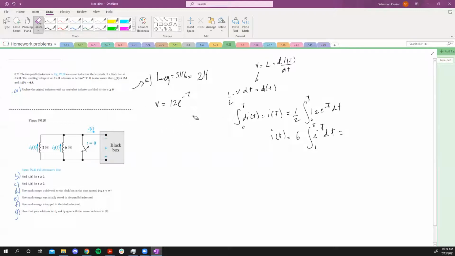Here at time equals 0, in this node we have 2 amps running this way, so we know our i(t) at 0 is going to have 6 amps regardless. So we have to account for these 6 amps.